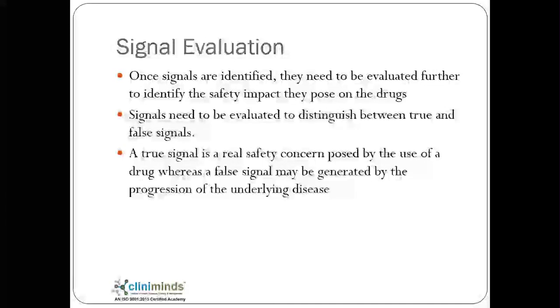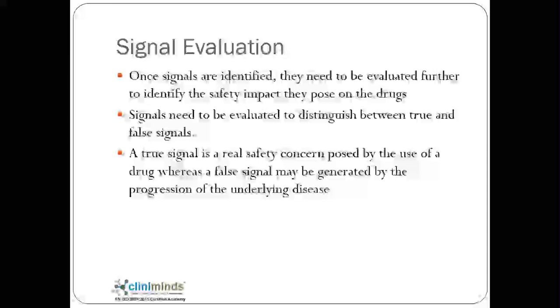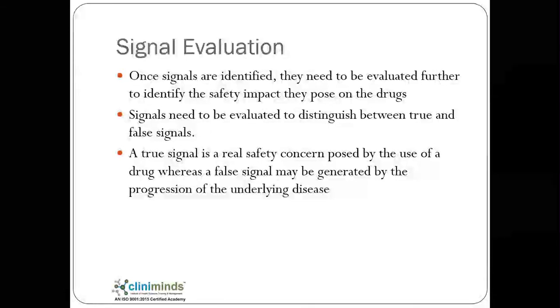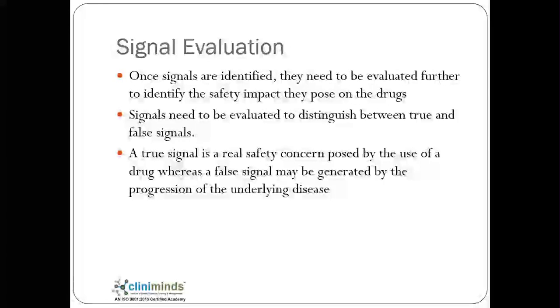After identification, once the signal is validated, it moves to the evaluation phase. Once signals are identified and validated, they need to be evaluated further to identify the safety impact they pose on the drugs and to take any further actions, if needed.